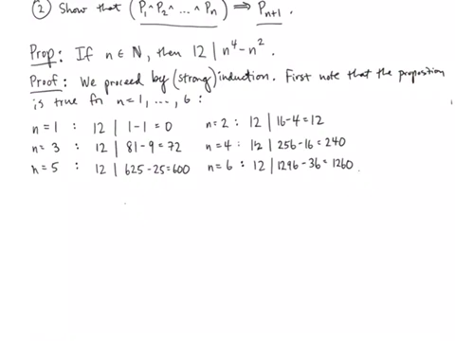So now assume that the proposition is true for n equals 1 through k, where we can assume k is greater than or equal to 6, right?